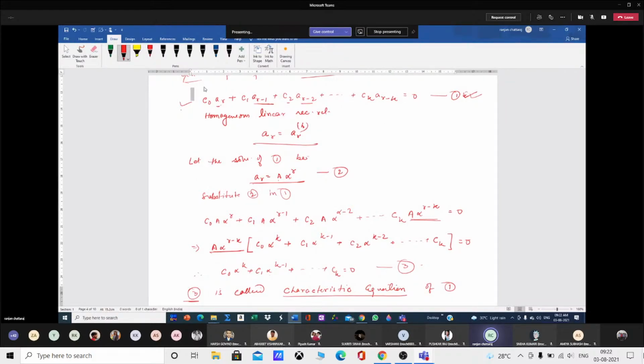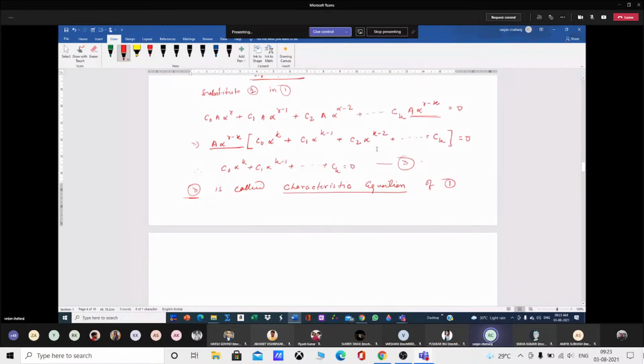So if it is the equation, then the corresponding characteristic equation will be this, simply by replacing a_r by alpha^k. Is it clear? Yes, sir. So you should remember this one.